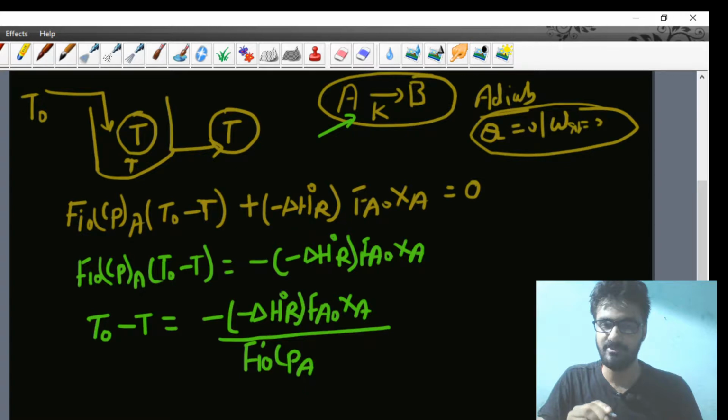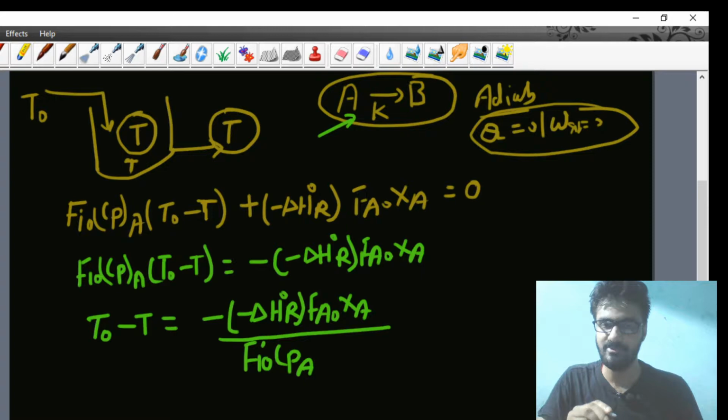Now, what will be the value of T? T is our outlet temperature, that is equal to T naught plus delta H naught of R, and here the sign will always be minus, F A naught X A upon F I naught C P. Here you can also write F I naught, because F A naught is equal to F I naught only in this particular case, because here there is only reactant A and this will also be the limiting reagent.